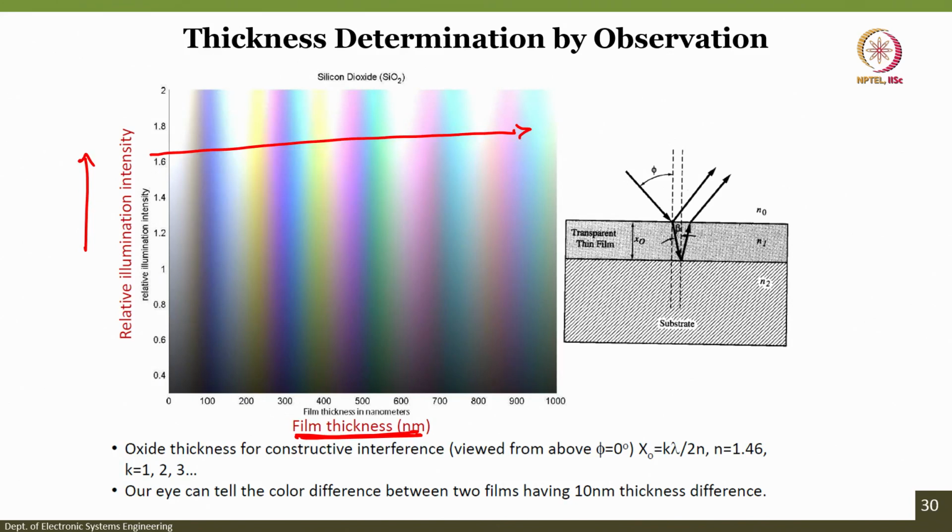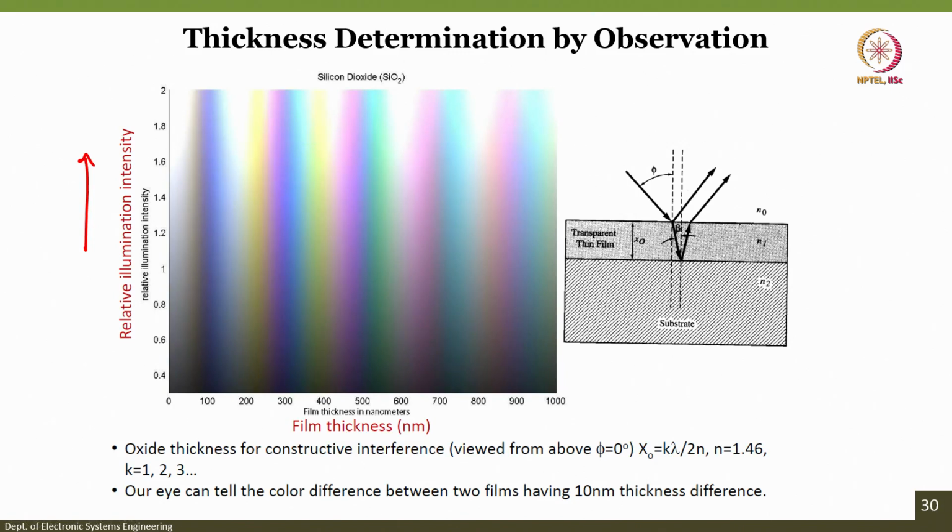You know that constructive interference versus destructive interference can be given by this equation where n equals 1.46 and k can be from 1 to 3 and so on. So, I can tell the color difference between two films having 10 nanometer thickness. That is the limitation of our eye, that it can tell you with 10 nanometer thickness.